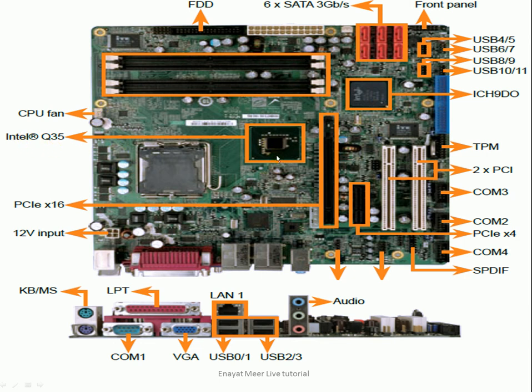These are the chipsets from Intel, and this is PCI Express 16 here, the big one, and then a 12-volt input for the power, and keyboard and mouse connectors, and this is a printer port here, 25 pins. These are communication ports, and this is 15 pins, blue color, the one I told you before, the old one I showed you was black in color, and this is a VGA, which stands for video graphic array.